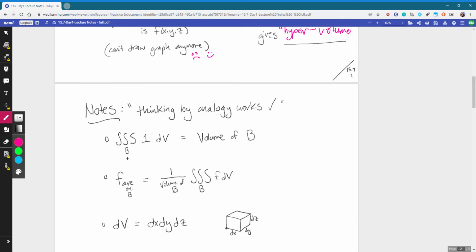So first of all, one of the things we've seen, if we're doing a double integral and we are integrating over the constant function 1, that's just going to take our region and puff it up by 1, and the double integral would end up giving us the area of the region.